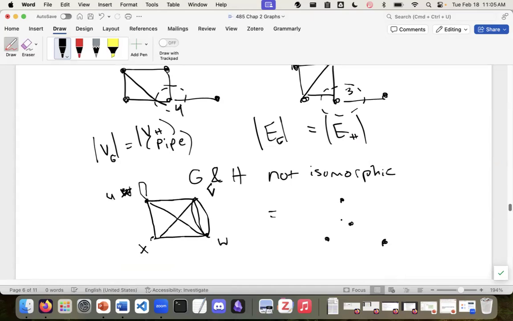So let's move, I think it's U to the middle, or maybe it's W to the middle. So we've got something like this. This is also adjacent here. And I've missed an edge.